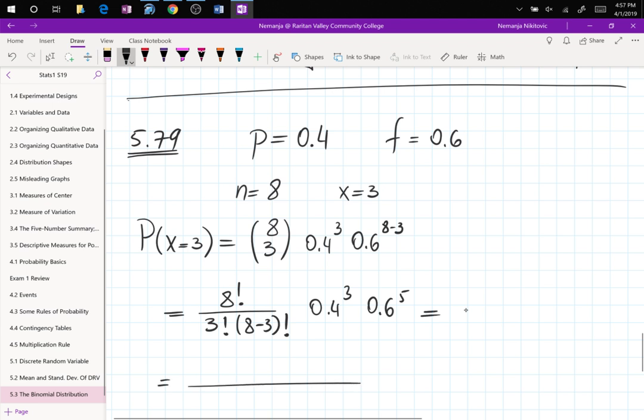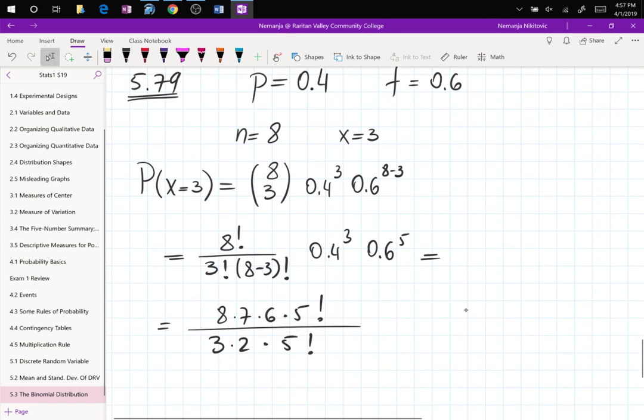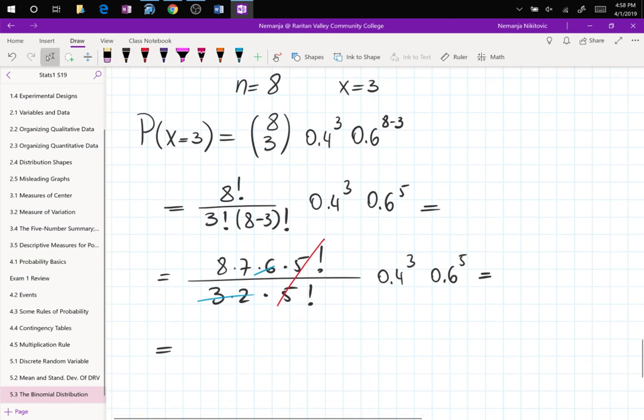Now I'll expand the 8 factorial: 8 times 7 times 6 times 5 factorial, over 3 times 2 times 5 factorial, and then 0.4 cubed and 0.6 raised to the 5th power. 5 factorial cancels 5 factorial. 6 cancels 2 times 3. So all I have to worry about is 8 times 7, which is 56, times 0.4 cubed times 0.6 to the 5th power.